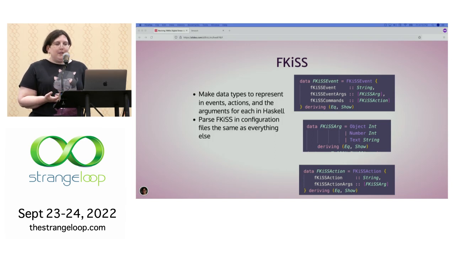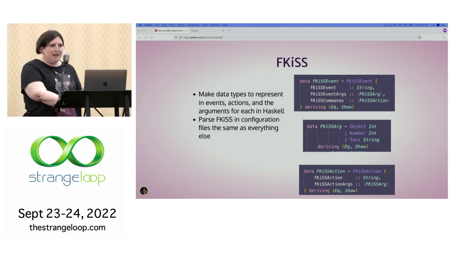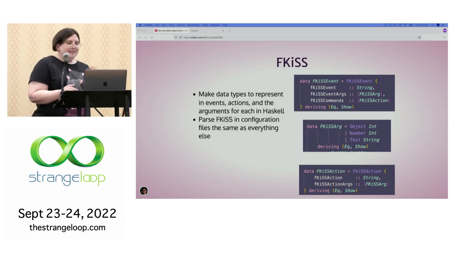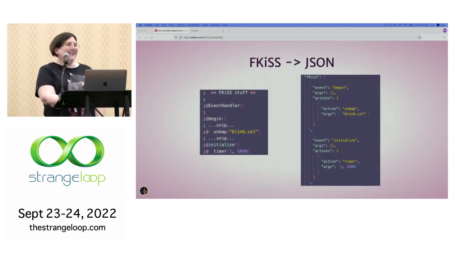It can be an object number, it can be some text, or it can be just a number. I probably could have gotten more fancy with the types here and said like, well, sometimes those numbers represent milliseconds, and sometimes they represent timer numbers, but I decided not to because I'm lazy. So we start out with some FKISS, and we end up with JSON.